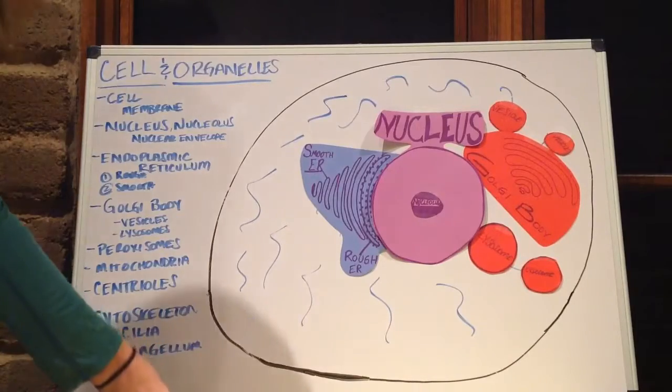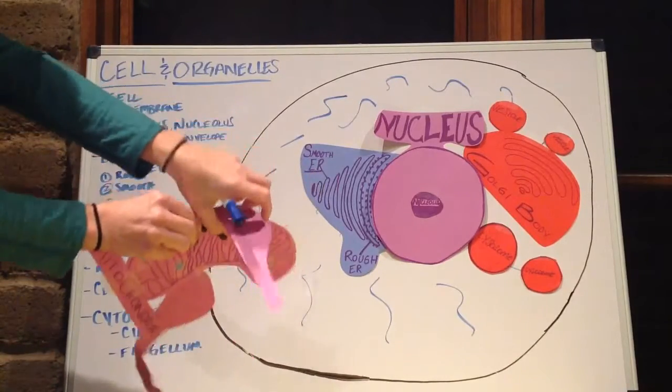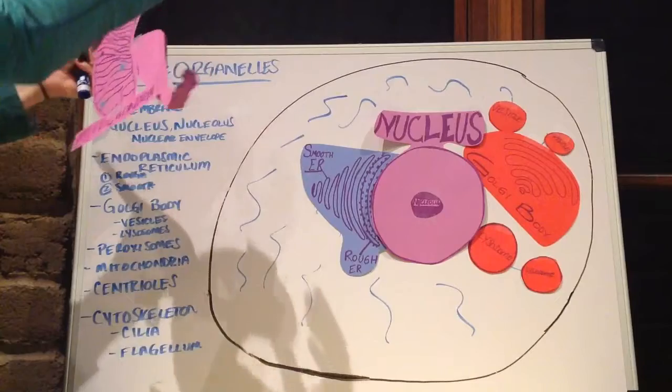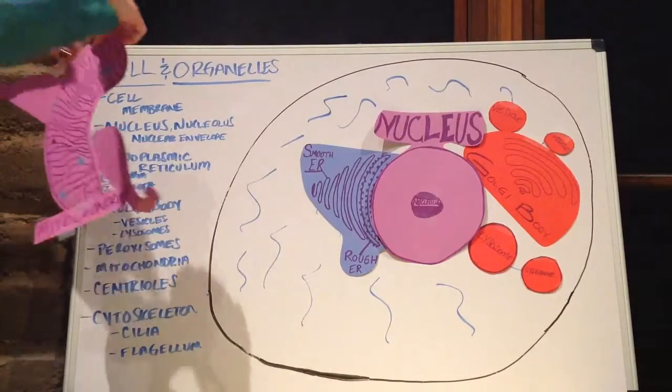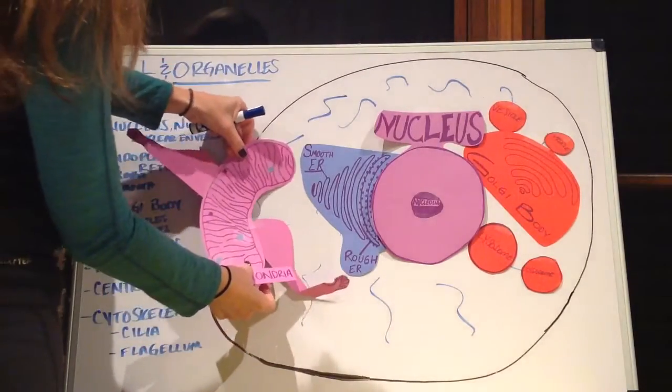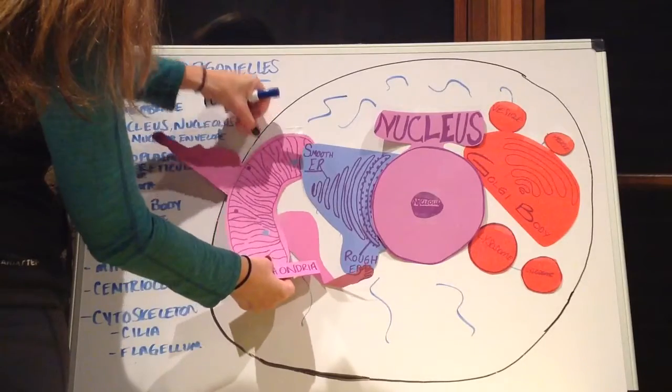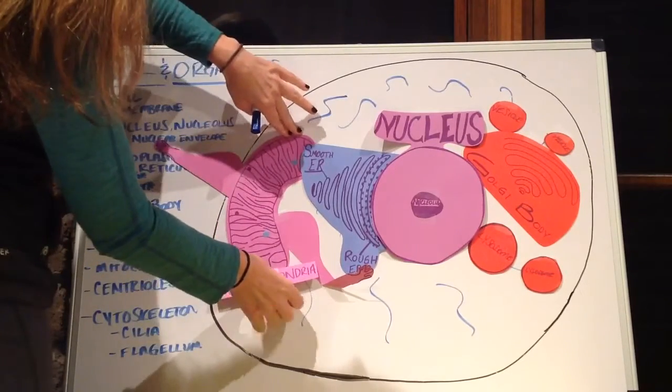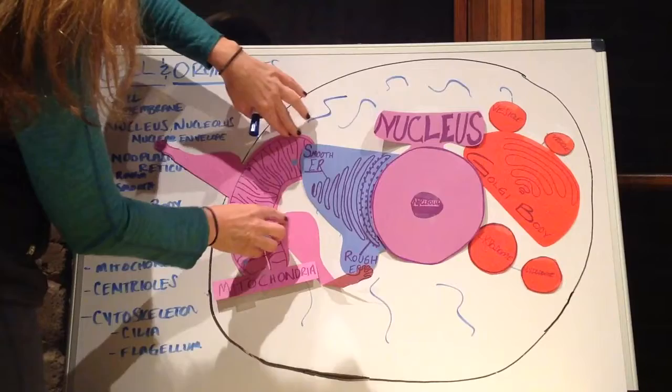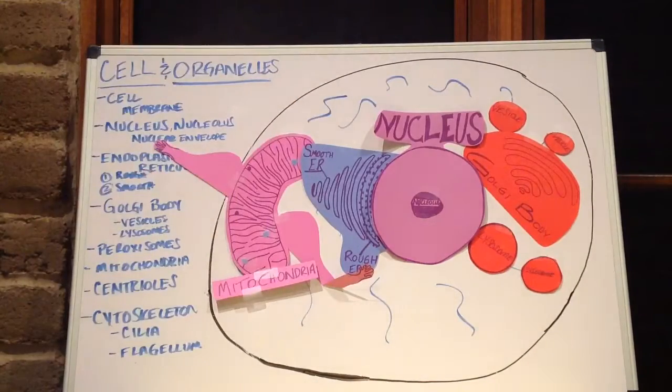One of my favorites that we will talk about next is the mitochondria. The mitochondria is easily spotted within the cell as a bean shape. The mitochondria is the powerhouse of the cell and synthesizes ATP, or energy.